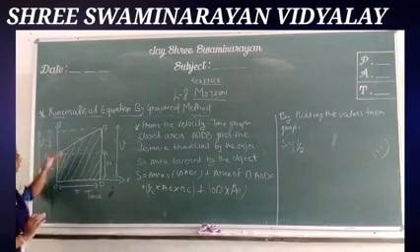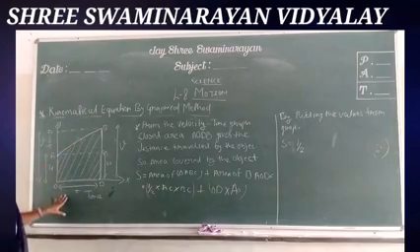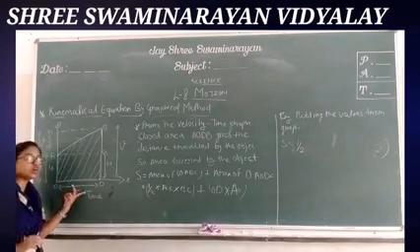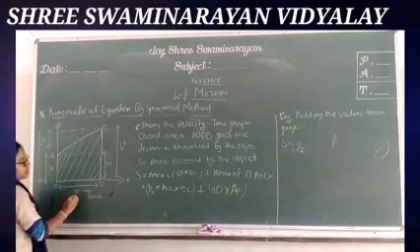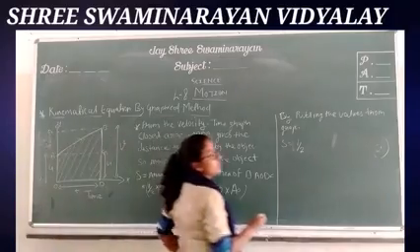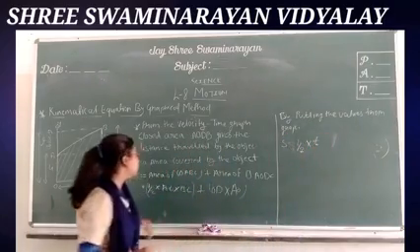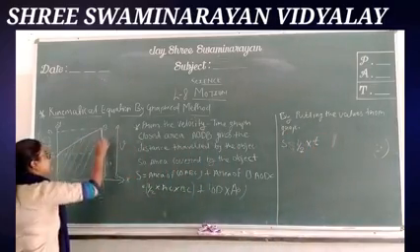T. Because it is parallel, the value will be the same. So instead of writing AC, we can also write OD, which is represented by T. So we will write half multiply by T multiply by BC, that is the perpendicular value.